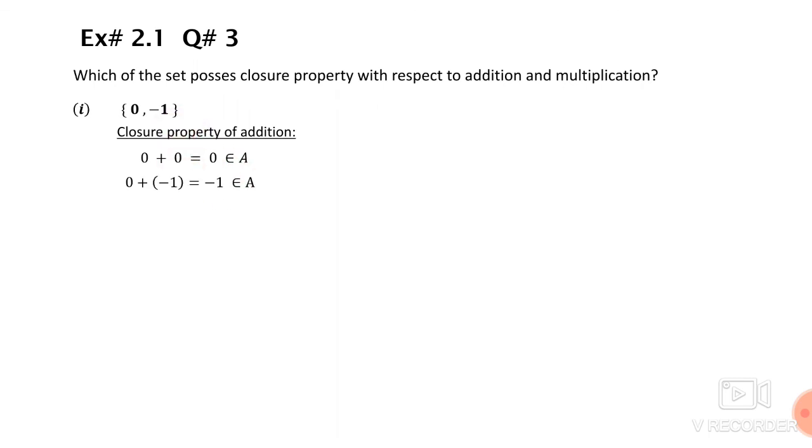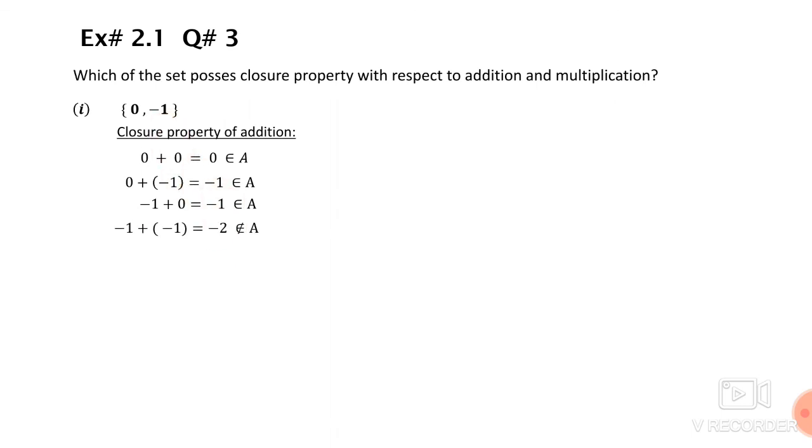Okay. Then we add 0 with minus 1, because we have 0 and minus 1 as the set members. So 0 plus minus 1 is equal to minus 1, which also belongs to the given set. It means it is also okay. Now we choose minus 1. Minus 1 plus 0 is equal to minus 1, which also belongs to the set.